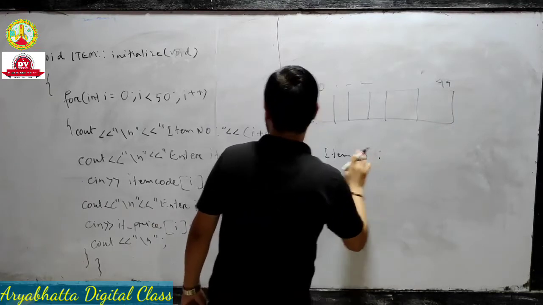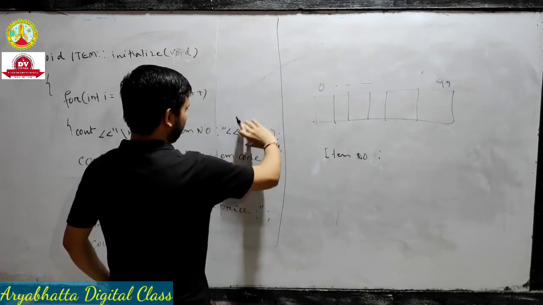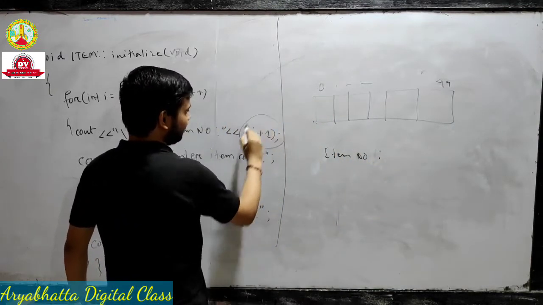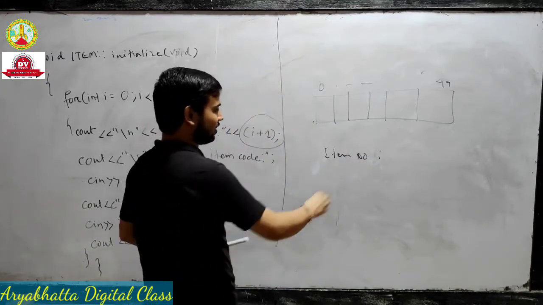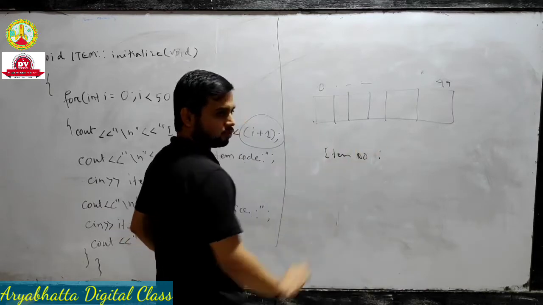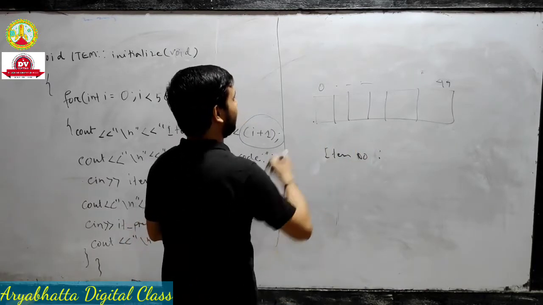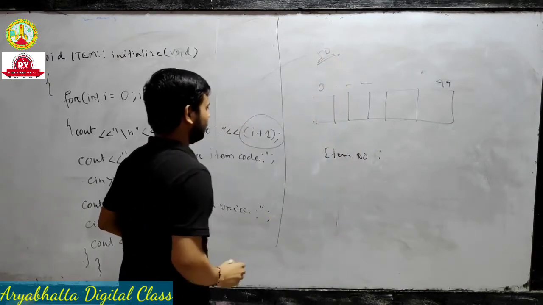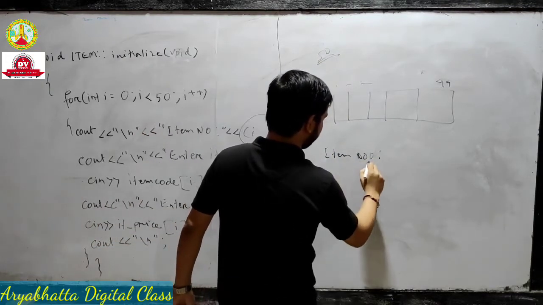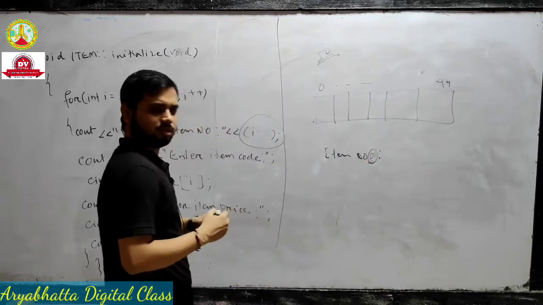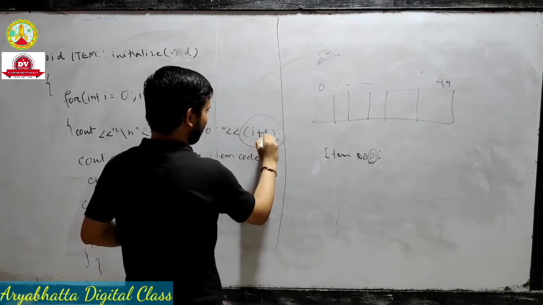If we don't write this line, it would only show item number. But we have to write which item number: item number 1, 2, 3, because we have to take 50 item prices. If we write only i, it would be item number 0, item number 1. But item number 0 is not suitable. That's why we write i plus 1.